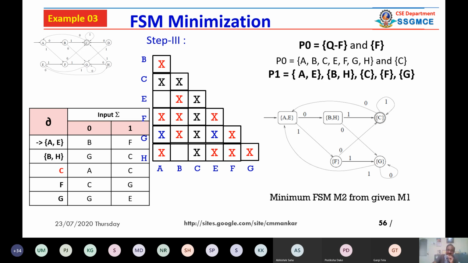And whatever the blank squares are there, then you test them on next input. So in this way, whatever output comes, you check whether it lies in same partition or it is from different partitions. It is a combination of different partitions. अगर different partition से आता है output, तो हम उसको क्रॉस कर सकते हैं.